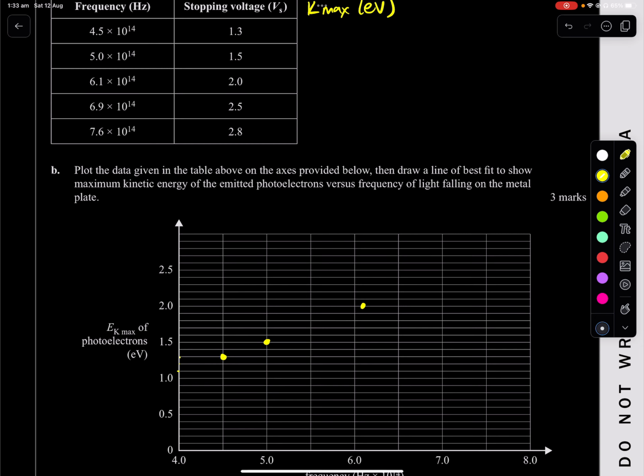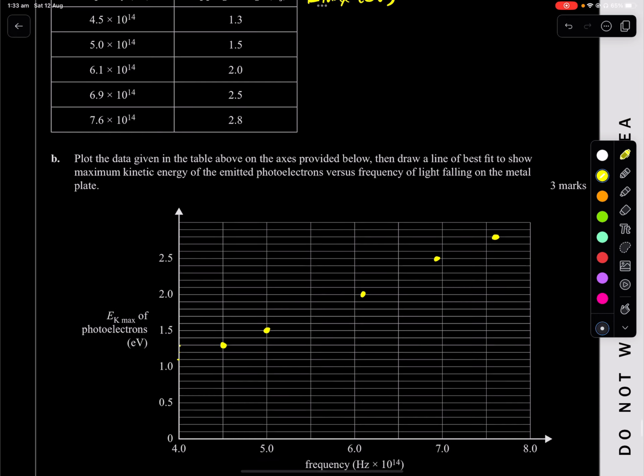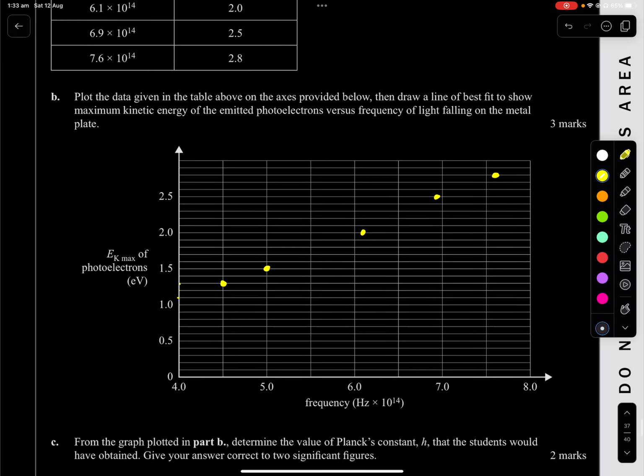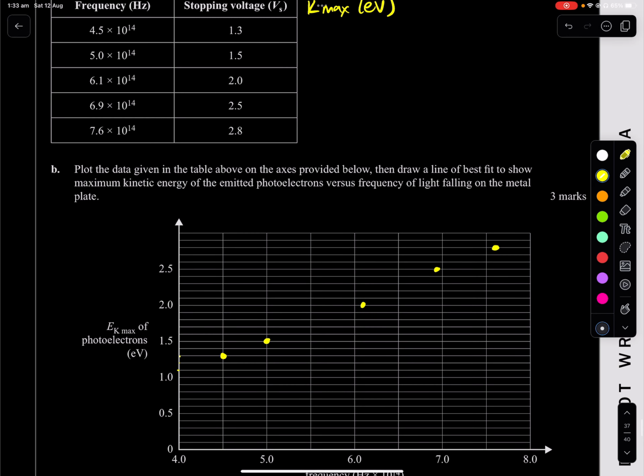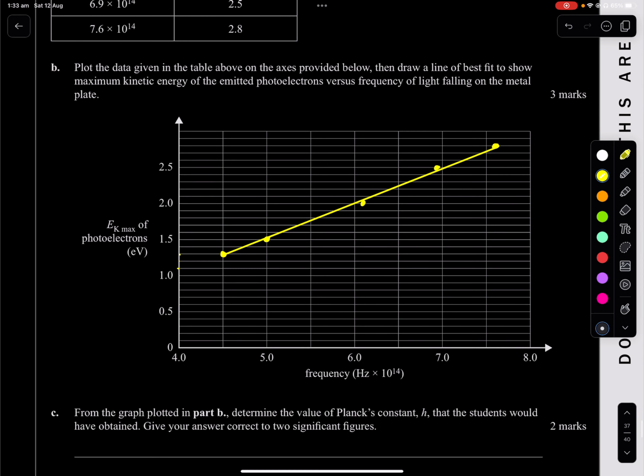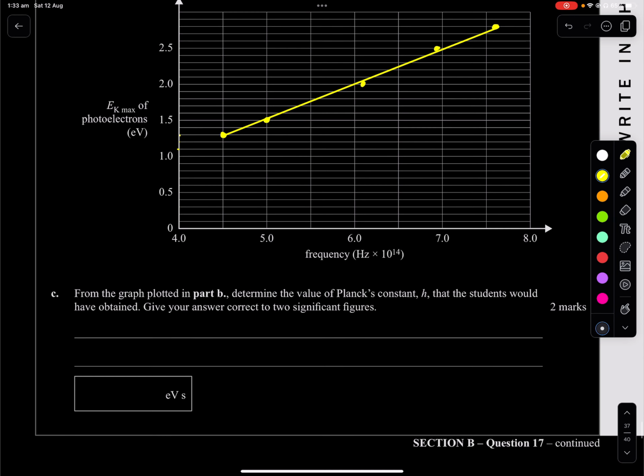Next one is 6.9 and 2.5, right over here. And 7.6 and 2.8, right over here. So if I just draw a nice straight line, perfect. Straight line, done. That's it.